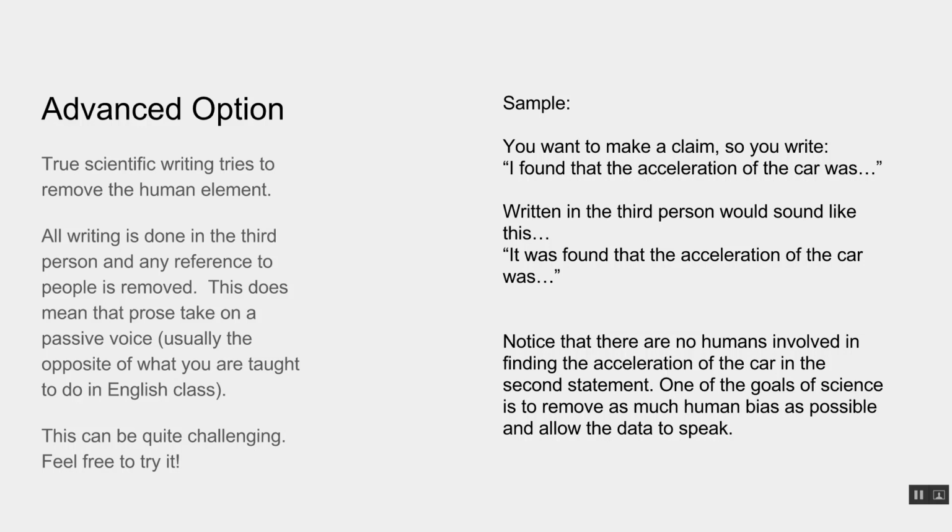So now we've got no humans involved. We're in the third person. And basically what we're doing is we're allowing the data to do the speaking. It's no longer you did it, I did it, we did it. It's the data shows us. The data show that this happened.